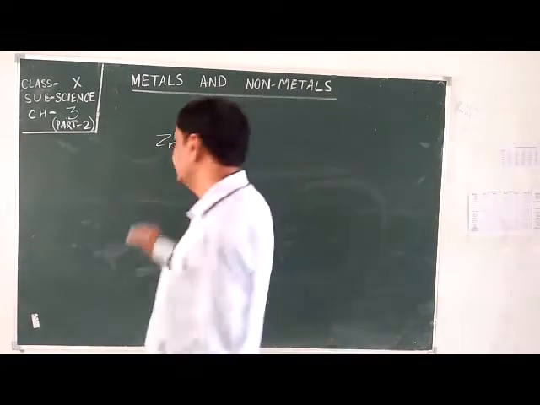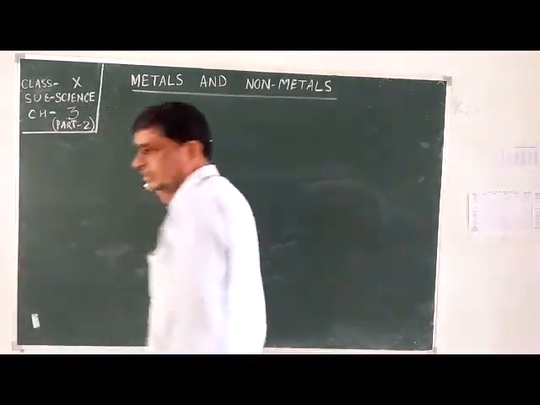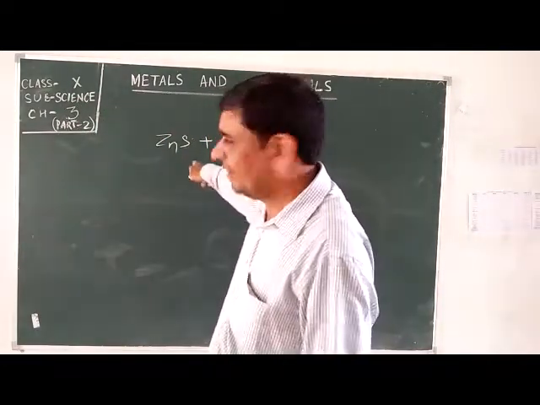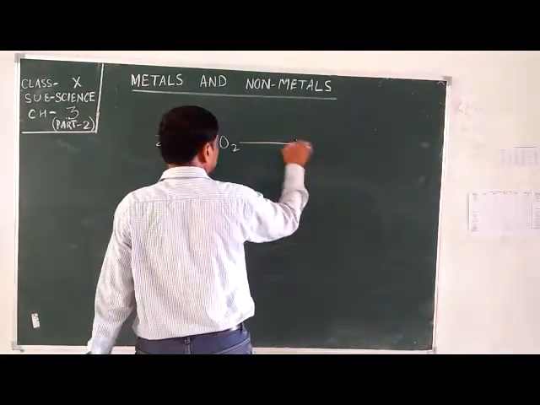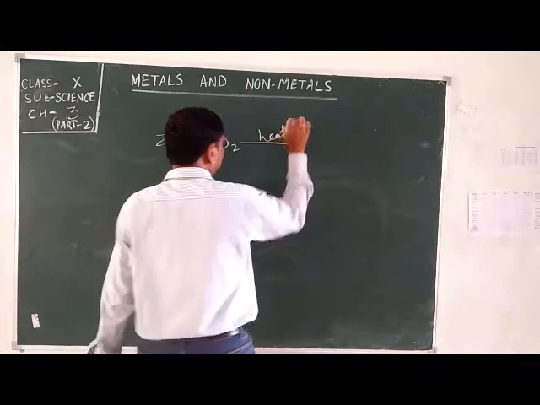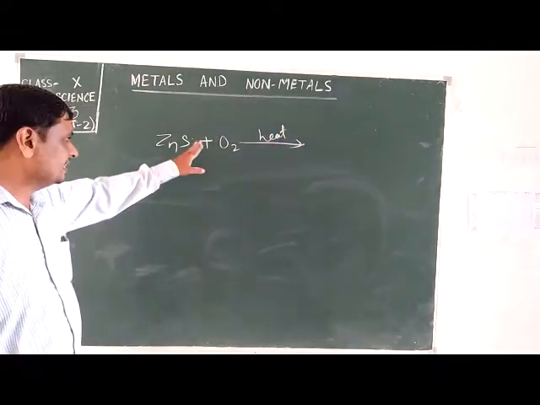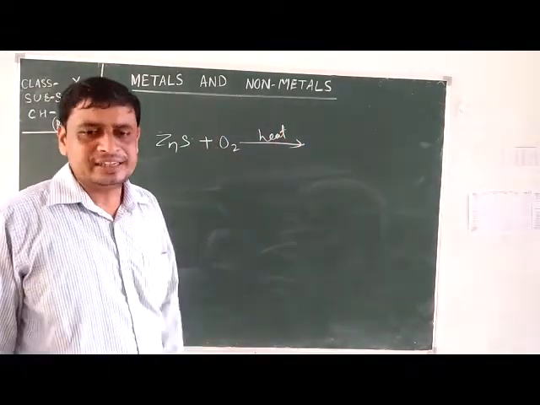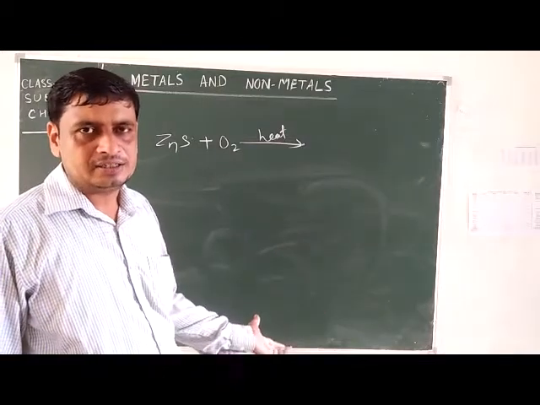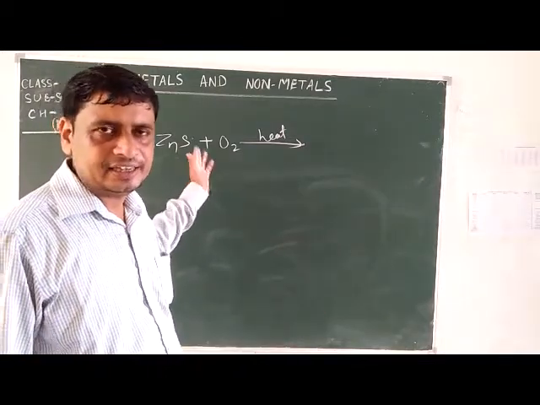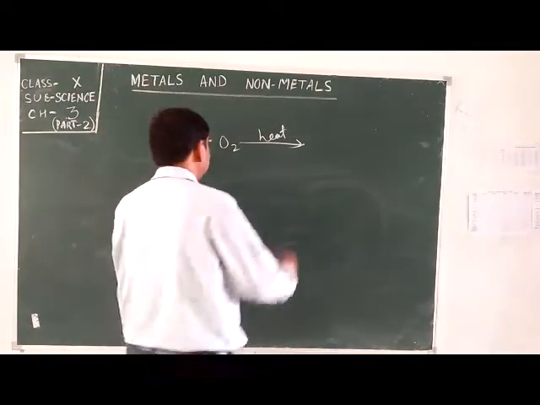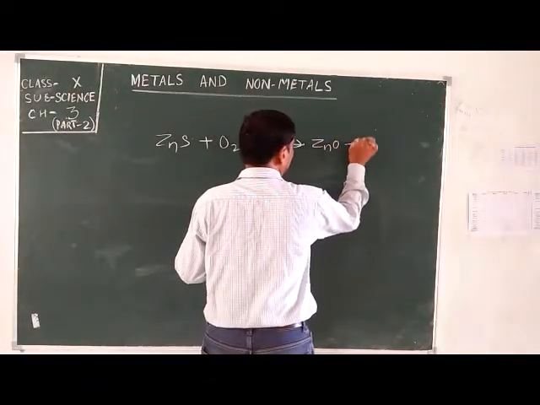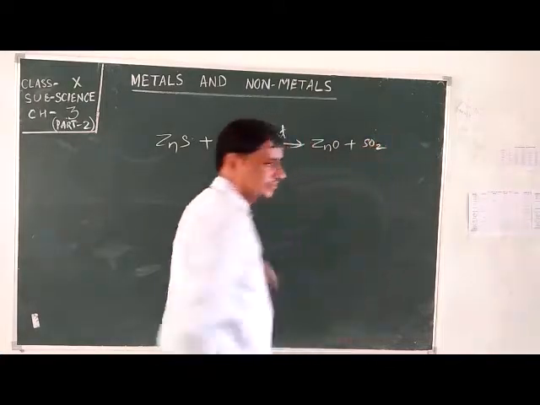When we follow roasting for the sulfide ore of zinc, we get zinc oxide with sulfur dioxide, that is ZnO plus sulfur dioxide.